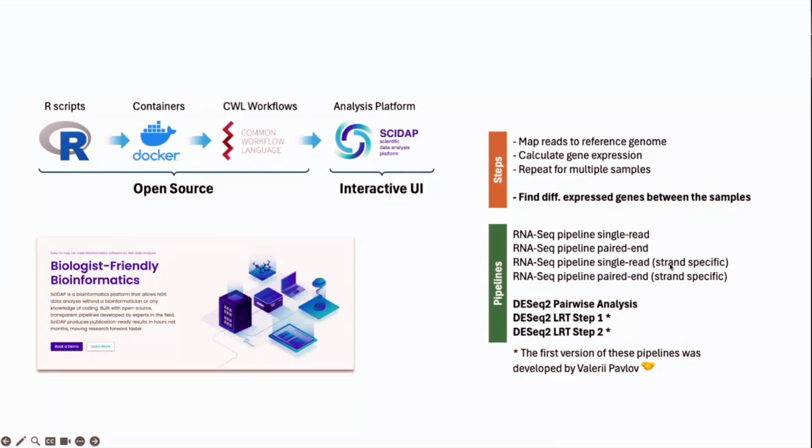Then, using the results of these pipelines, we can run either DESeq pairwise analysis, which is our old workflow, and 2 other workflows provide a better way to run differential expression analysis, allowing a more complex design of your experiment. I will describe how to use these 2 workflows.